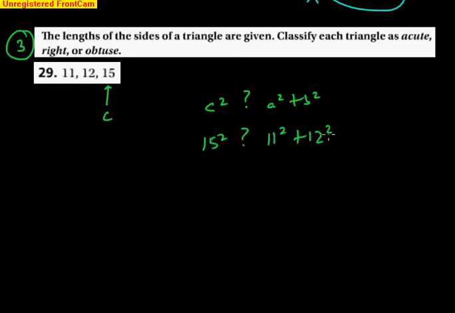11 squared plus 12 squared. Okay, so we know 15 squared is 225. We did it in the last problem. 11 squared plus 12 squared is 265. So now we fill in the inequality. 225 is less than 265. So if they were equal, it would be a right triangle.